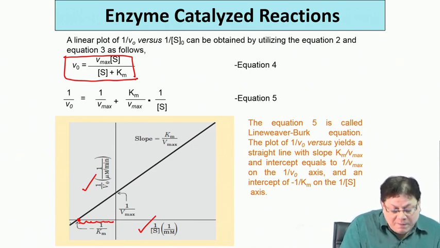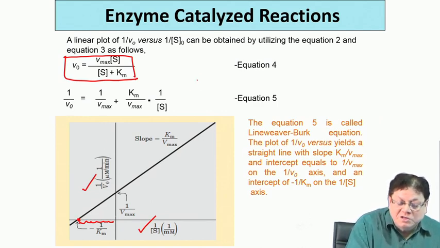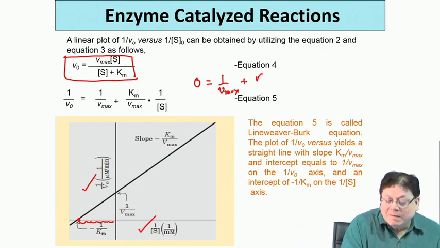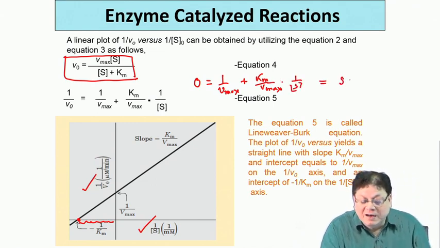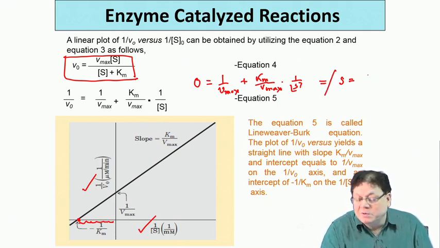That will be equal to minus 1 by K m, because here 1 by V 0 is becoming 0, that means you put 0 equal to 1 by V max plus K m by V max into 1 by S. So, if you solve this, V max will cancel out, and S becomes equal to minus 1 by K m.